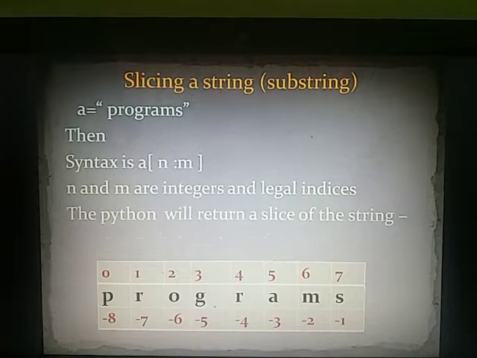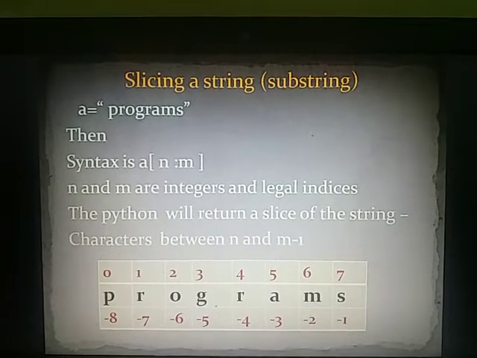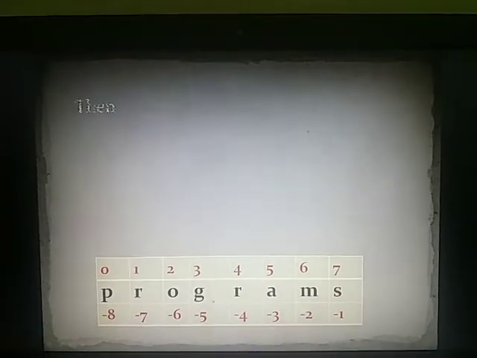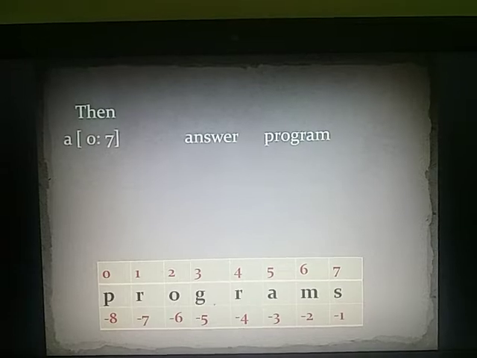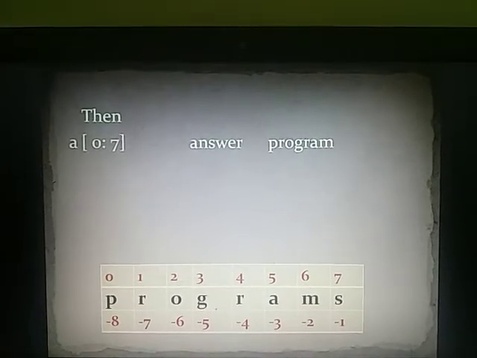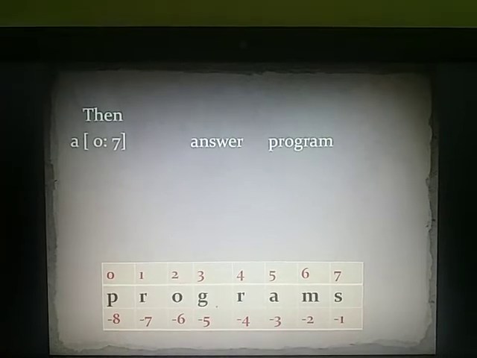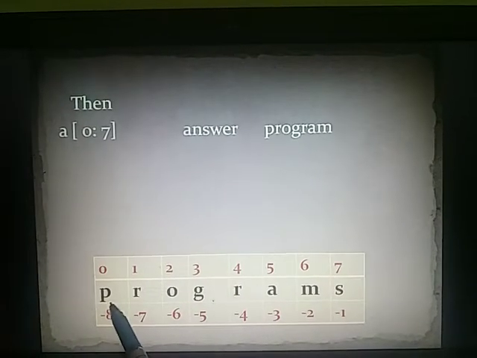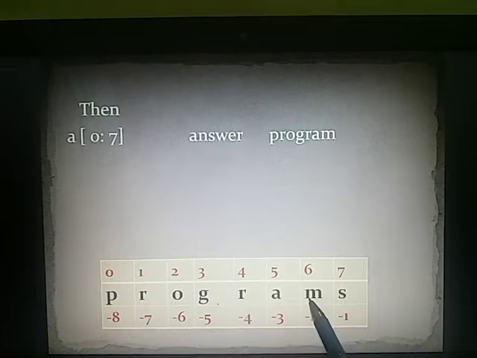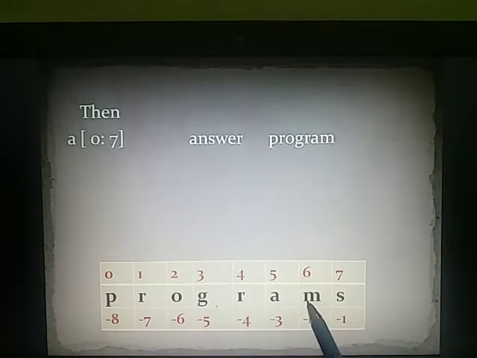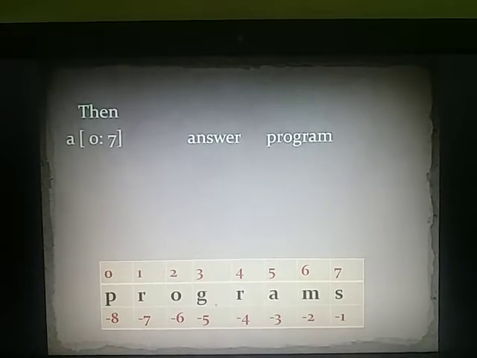If you do the slicing, for example 0 colon 7, the answer will be "program". Why? Because from 0 it will start and move till 6. It is not including the last index number, that is why till 6.